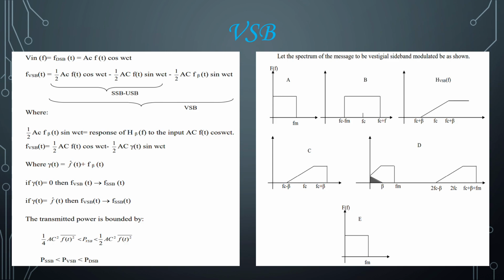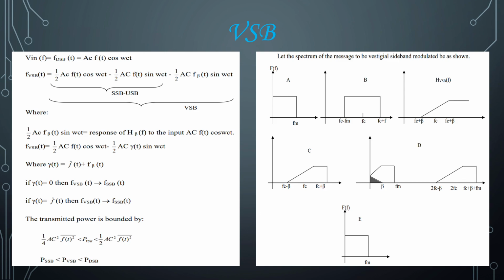The transmitted power is bounded by 1/4 A_c squared times the mean square of f of t, less than P VSB, less than half A_c squared times the mean square of f of t, which is also stated as P SSB less than P VSB less than P DSB.